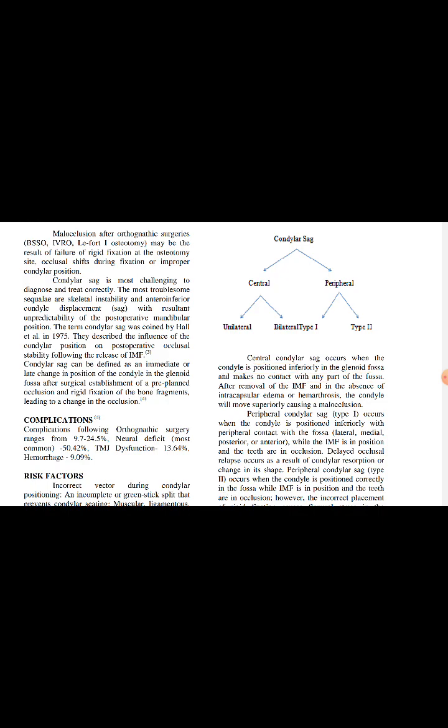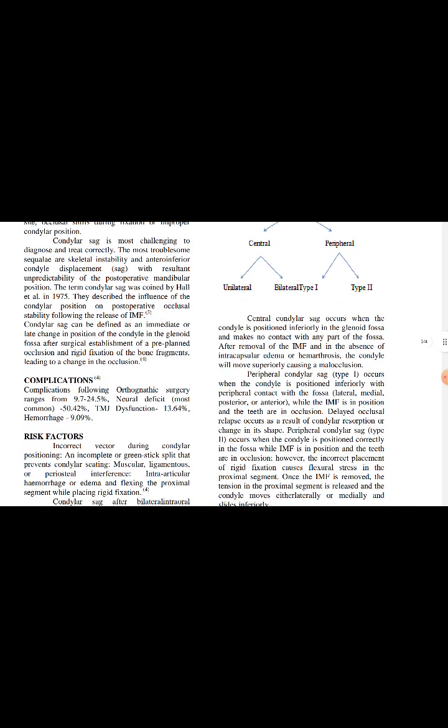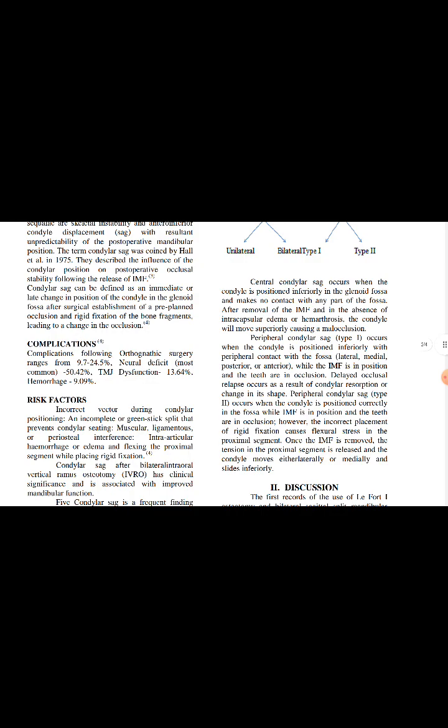Now coming to the peripheral condylar sag. We have peripheral condylar sag type 1 and peripheral condylar sag type 2. Peripheral condylar sag type 1 occurs when the condyle is positioned inferiorly with peripheral contact with the fossa.